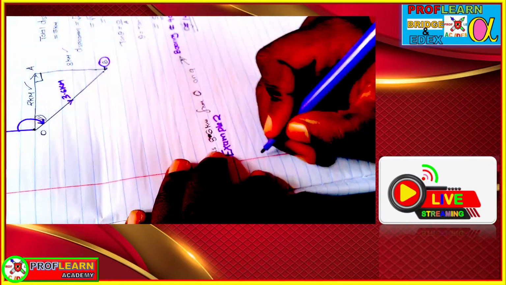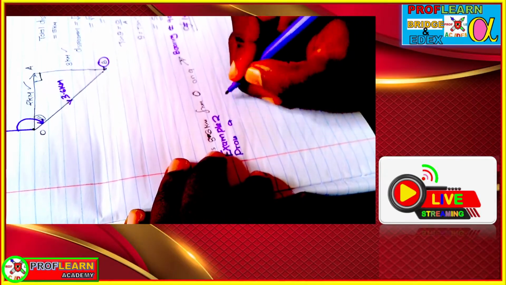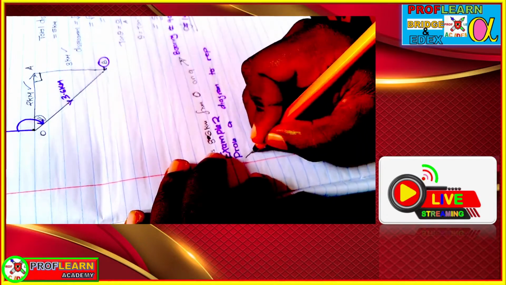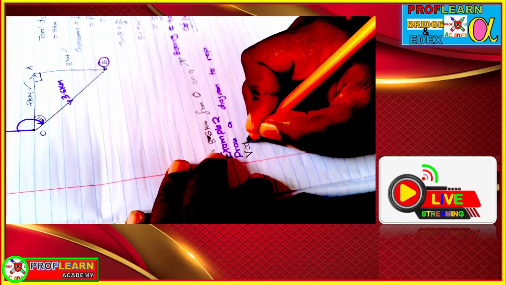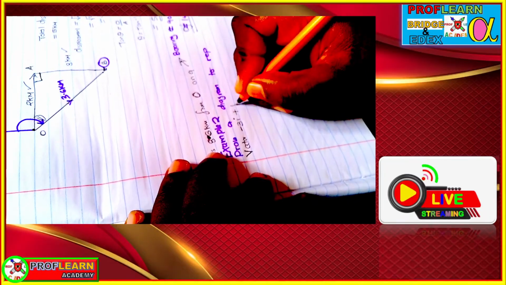So you can also look at how you can describe vectors. Draw a diagram to represent vector minus 3i plus j.